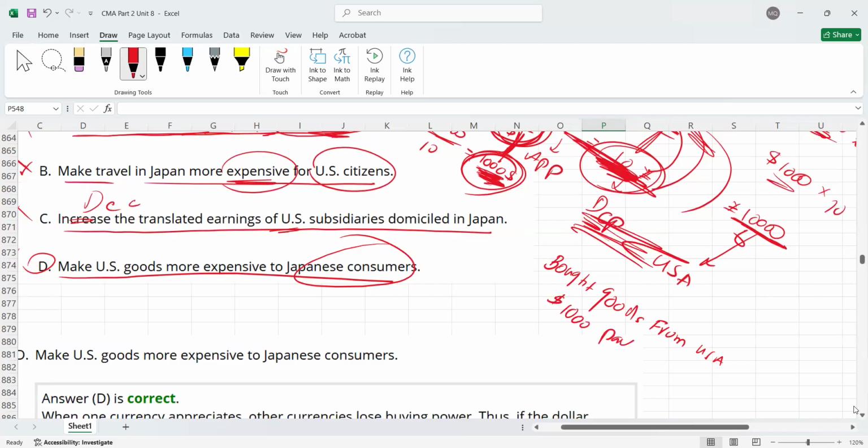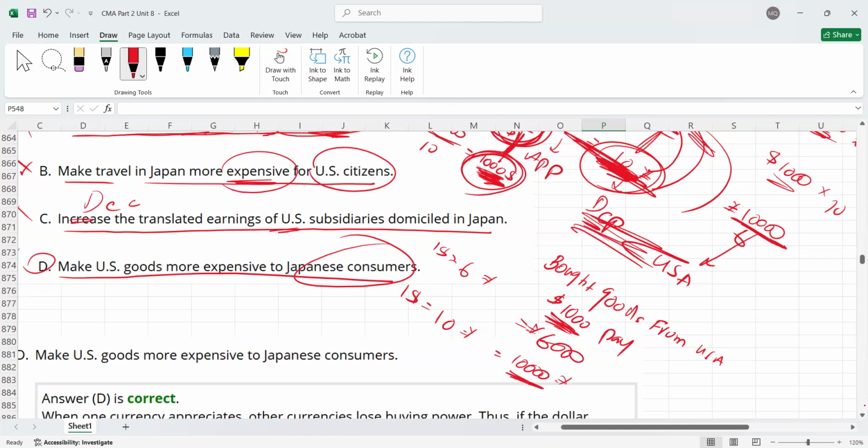If the rate is $1 equals 6 yen, to buy $1,000 you have to give 6,000 yen. Right or wrong? But what if the rate moves to $1 equals 10 yen? To buy $1,000, you have to pay 10,000 yen.